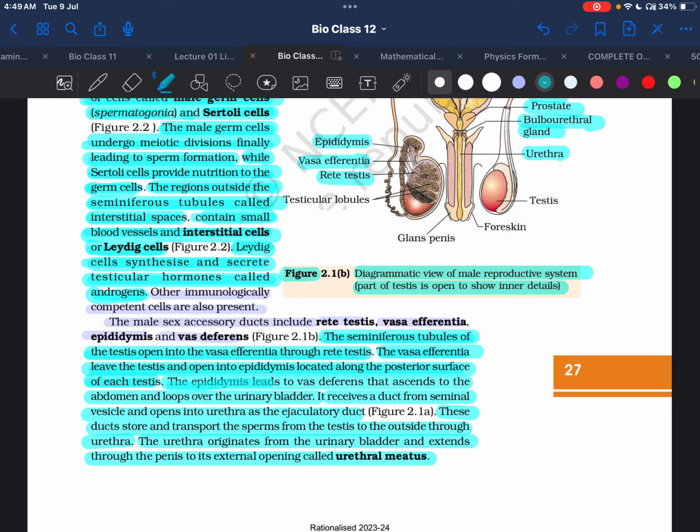The epididymis leads to vas deferens that ascends to the abdomen and loops over the urinary bladder. It receives a duct from seminal vesicle and opens into urethra as the ejaculatory duct. These ducts store and transport the sperms from the testes to the outside through urethra. The urethra originates from the urinary bladder and extends through the penis to its external opening called urethral meatus.